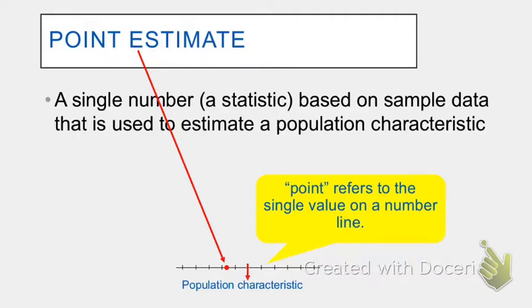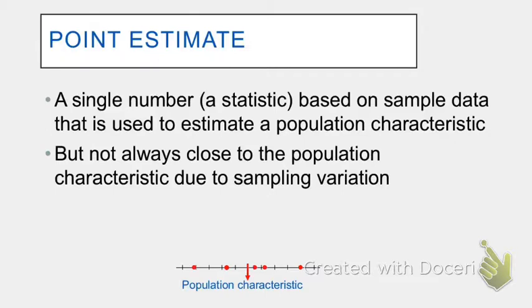If everyone in here took a different sample, would it be possible that we all got different numbers? Yes, it's like the poker chip thing, exactly. It's not always close due to sampling variation, and all that means is that people are taking different samples, so they're getting different results.